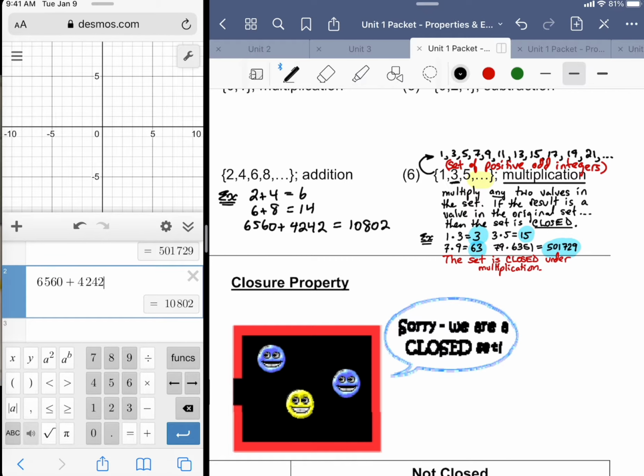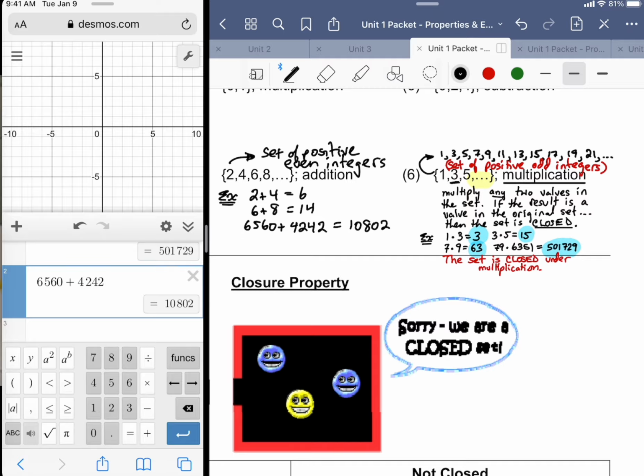All right. So this is the set of even integers, set of positive even integers. So it would be closed under addition if my result is always going to be a positive even integer. I can't think of a single case where it would be something other than that.